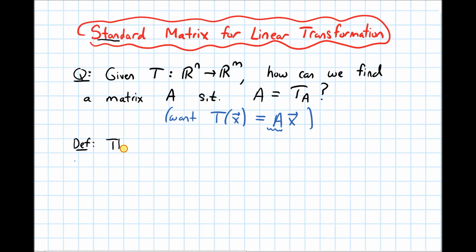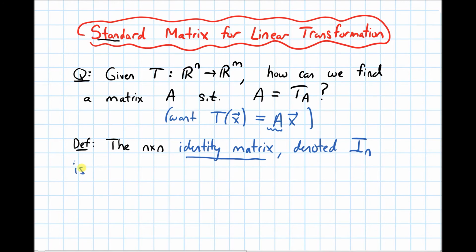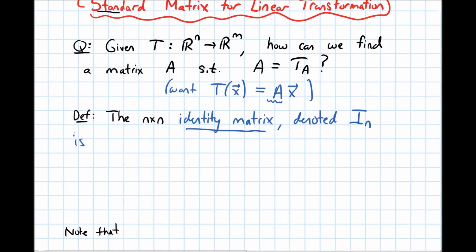Okay, so the n by n identity matrix, which is denoted I sub n, is, and now let's write down a formula for this matrix. I sub n is defined to be equal to, that's why I'm writing a colon in front of this equal sign.